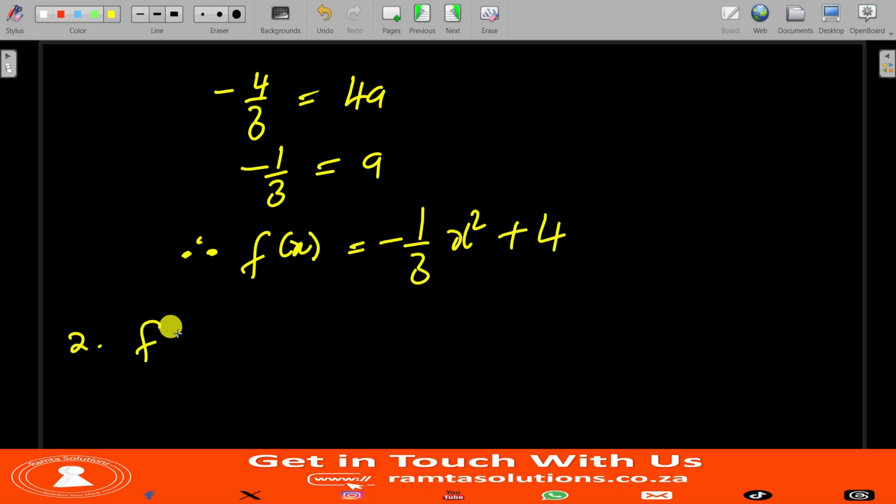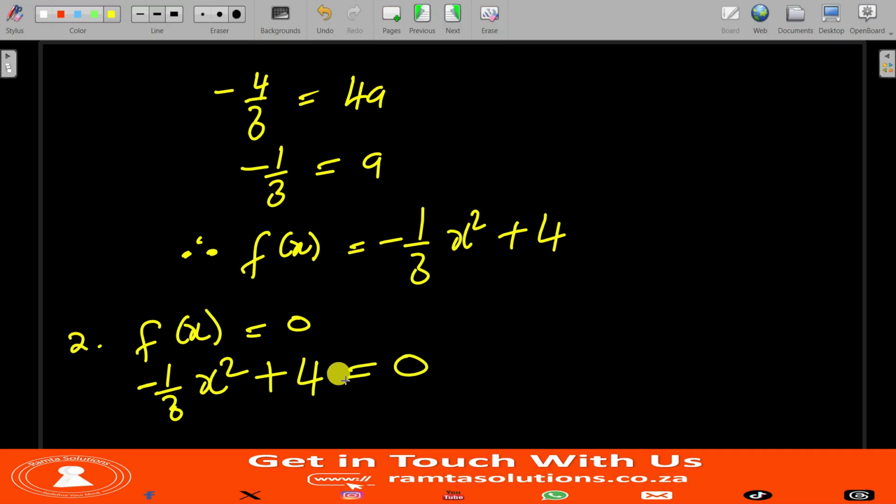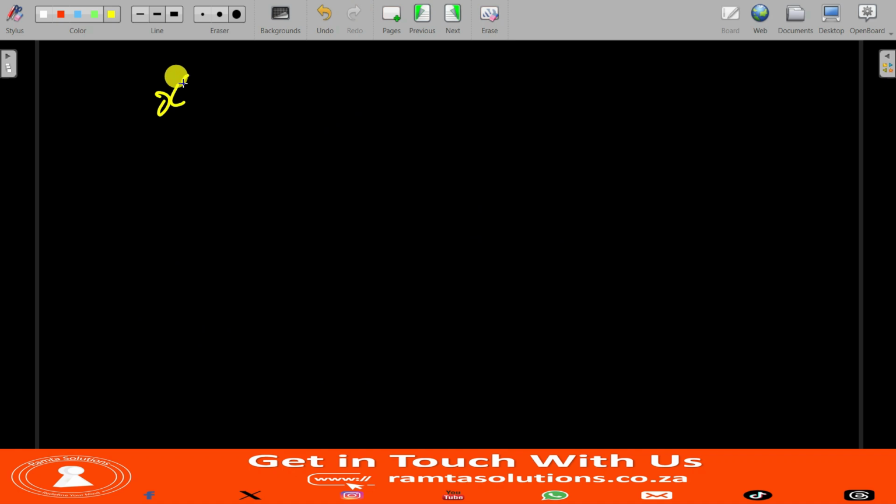So with the x-intercept, we must say y is equal to 0. Remember, f of x is the same as saying y. So f of x is equal to 0, isn't it? So what is this? Minus 1/3 x squared plus 4 is equal to 0, isn't it? Perfect. Now, multiplying throughout by negative 3, what do we get? We will get x squared minus 12 equals 0.